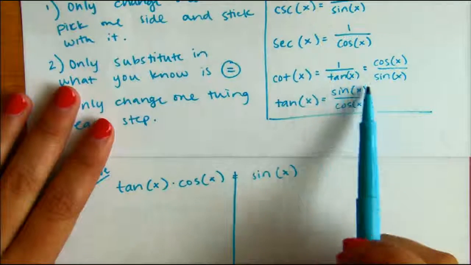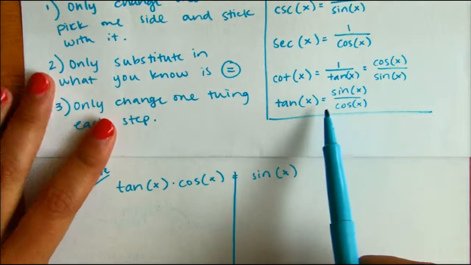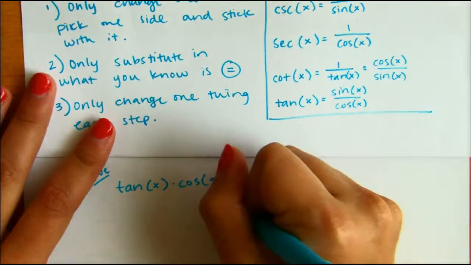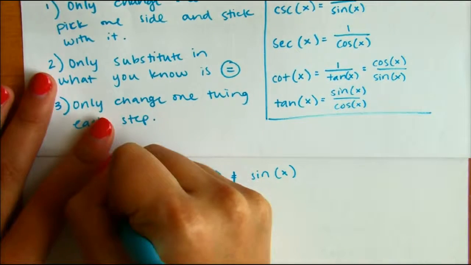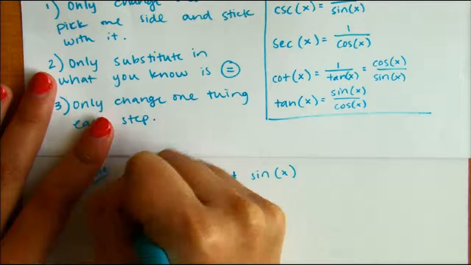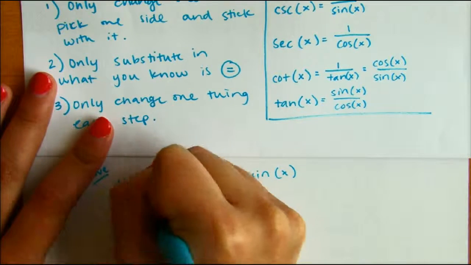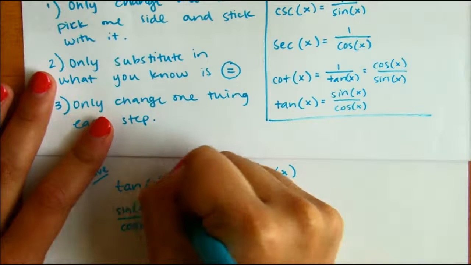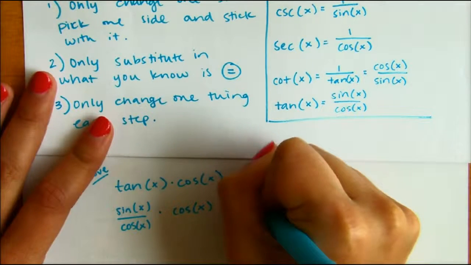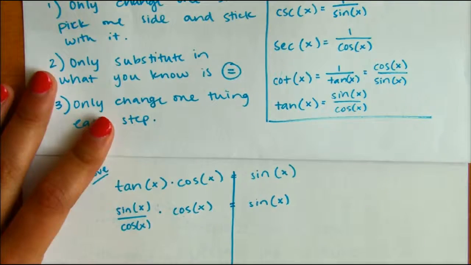For tangent of x, I know that tangent is equal to sine over cosine. So I'm only going to change that one thing. I'm going to replace tangent of x with sine of x over cosine of x. But I'm going to keep the rest exactly the same. So cosine of x stays there, and this side is always going to stay sine of x.